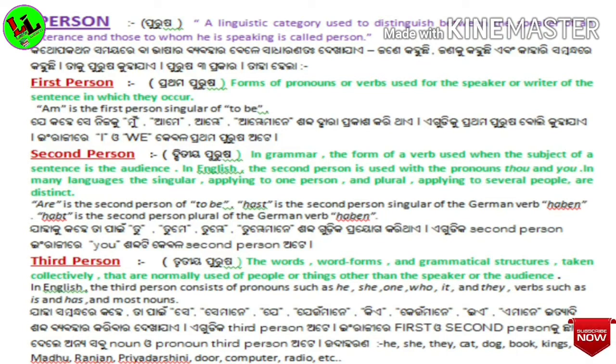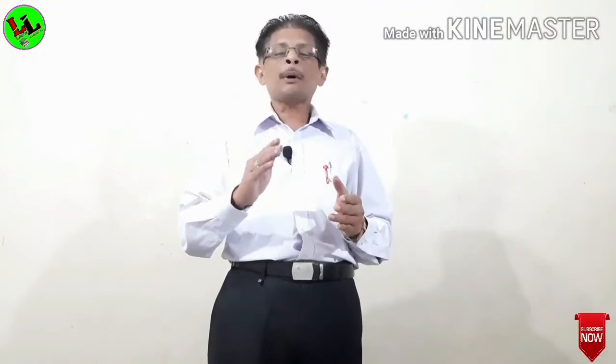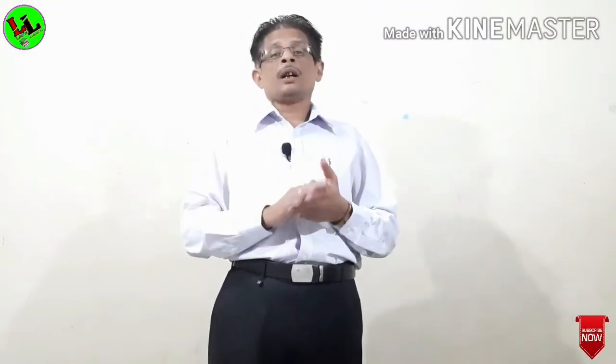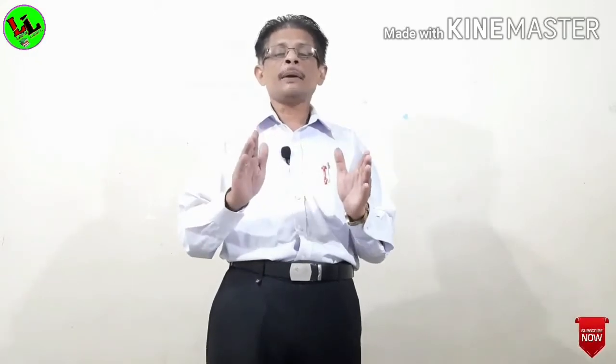In English, the third person consists of pronouns such as he, she, one, who, it, and they, verbs such as each and has, and most nouns. Now you see, I told you that the third person in English is he, she, they, Rama, Hari, Dama, the names of anything.